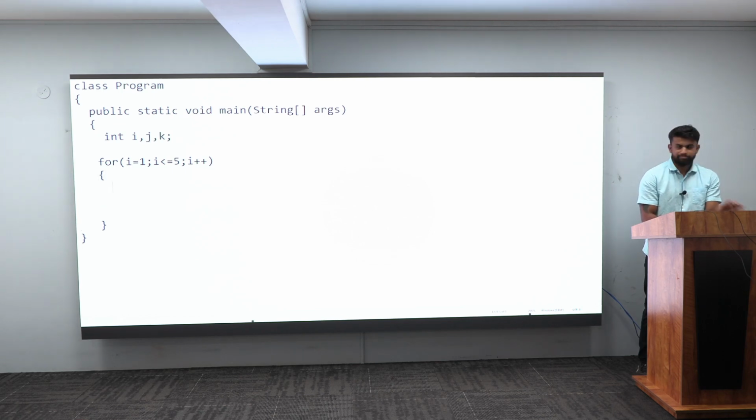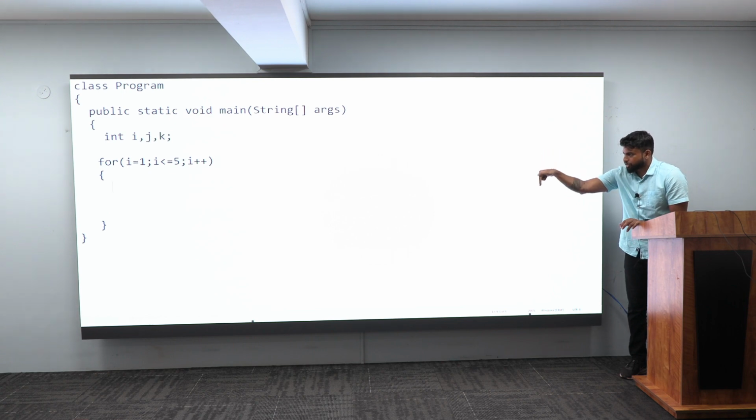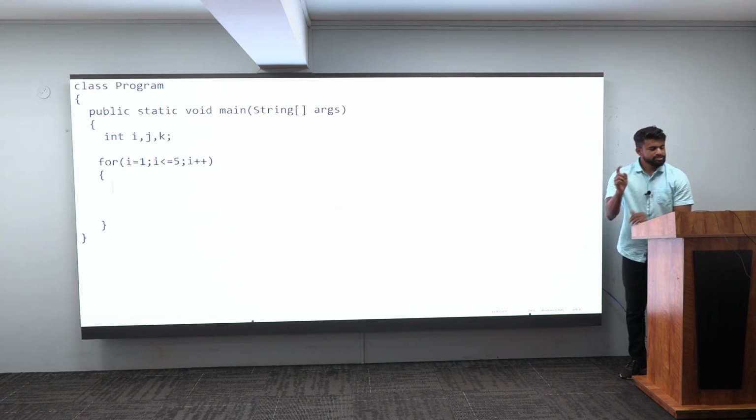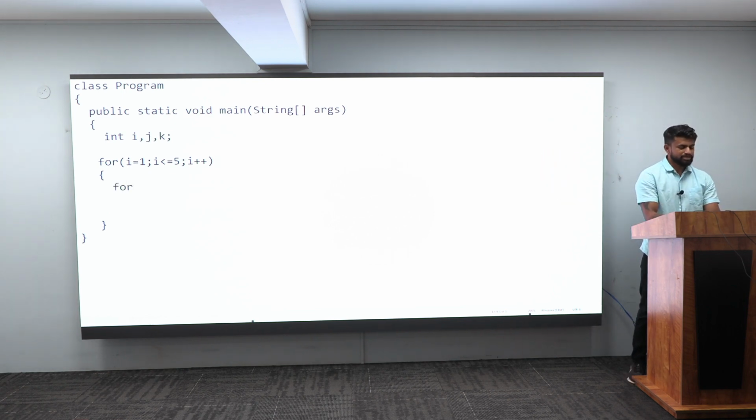Now you think and tell me, I'm entering inside the row. Who will welcome me next? Space. For space I will tell for, and inside this k equal to 1. Very good. k less than or equal to i. After that, what should you tell? k plus plus. Amazing.